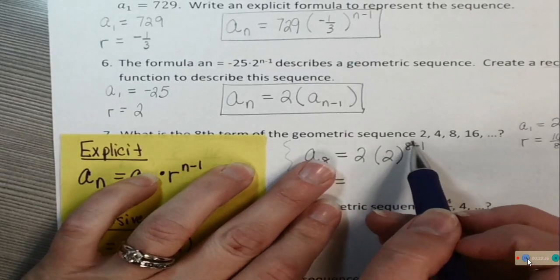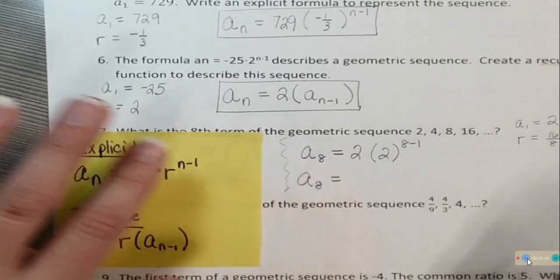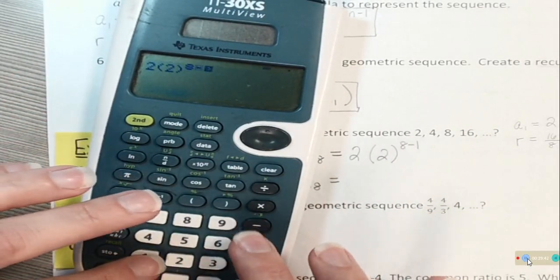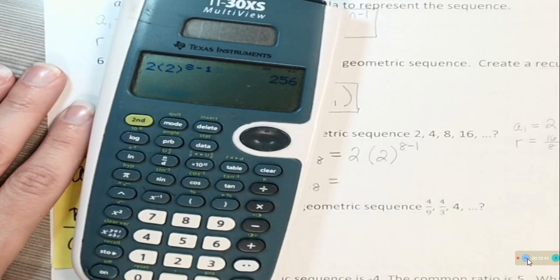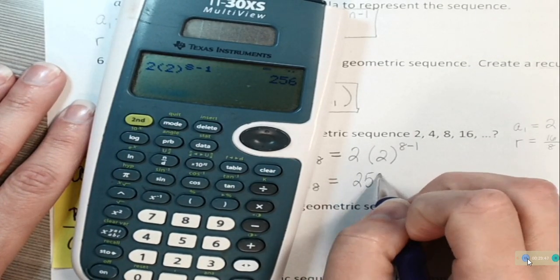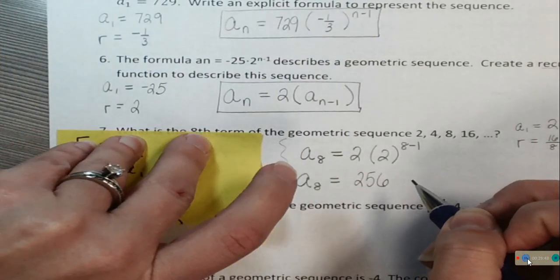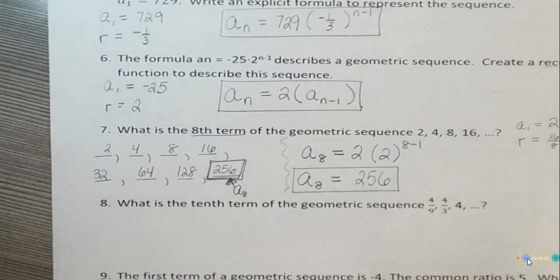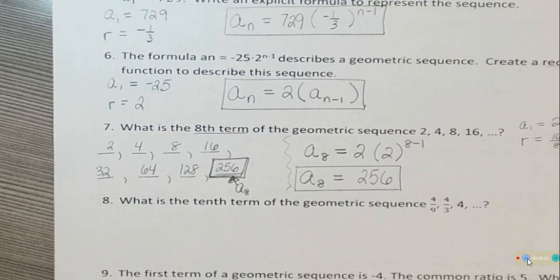There's a whole bunch of numbers. What would Miss Slusher do with all them numbers? Plug in them calculator. 2 times 2, raise it up to the 8 minus 1. And I also got 256. So my friend that did this recursively got 256. I did it explicitly and got 256. Who's right? Both of them. You have to do what your brain understands best.